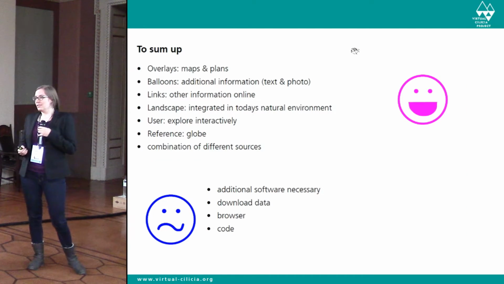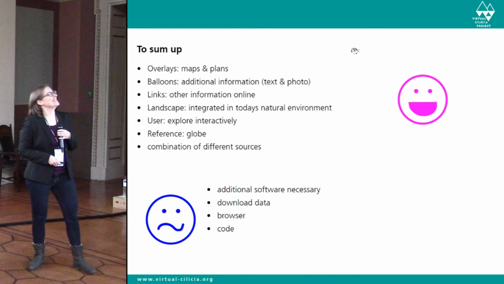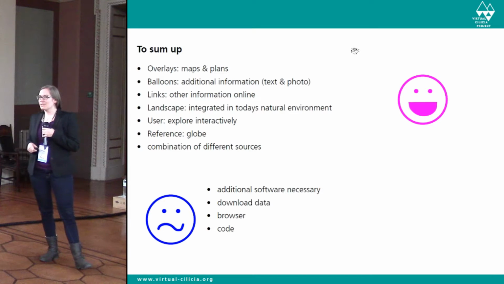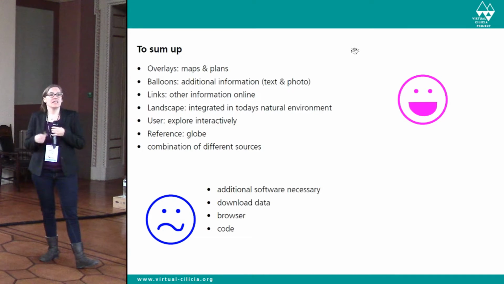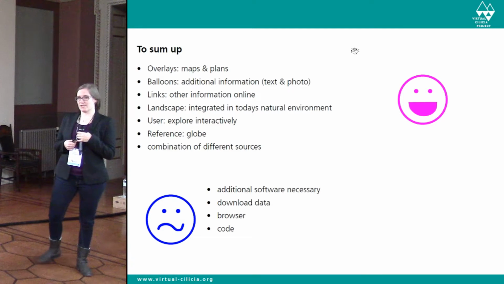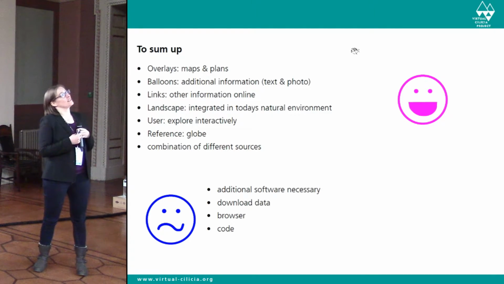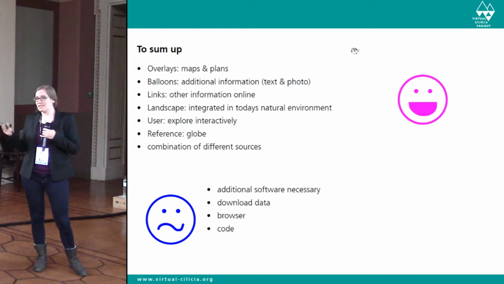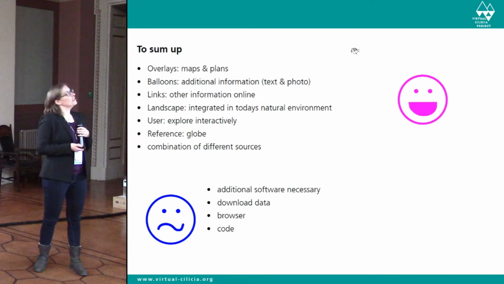Yeah, thanks. To sum up, it's a good option to include overlays as maps and plans. In balloons, you can provide additional information about one site, so for example text, photos, but of course also maps and plans. It's possible to set links to other websites, to other web pages.